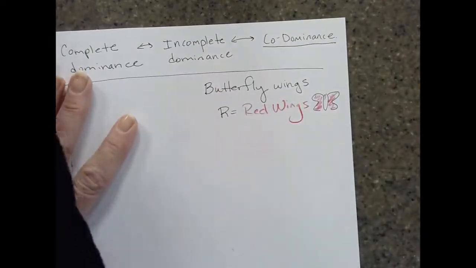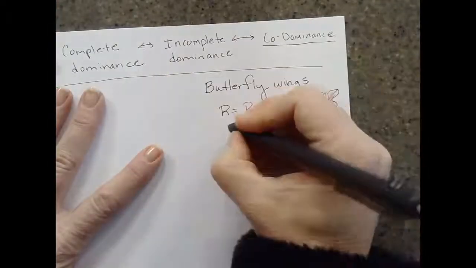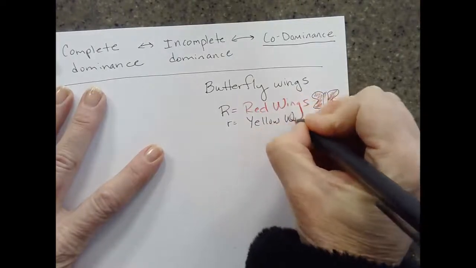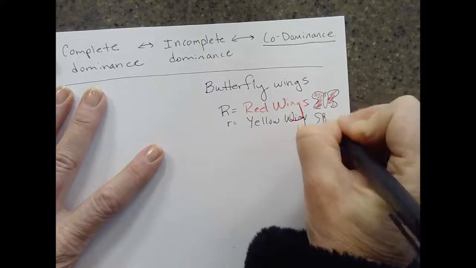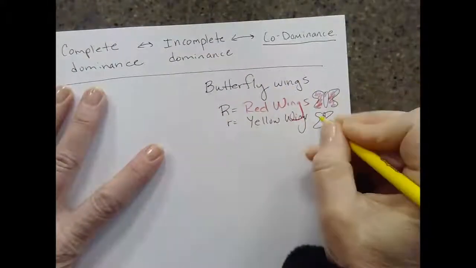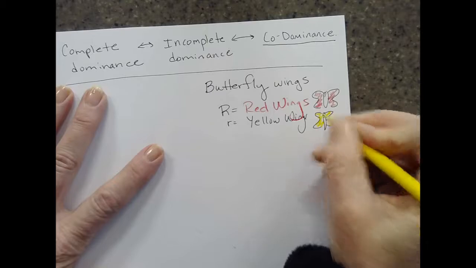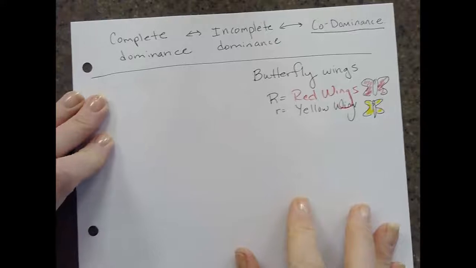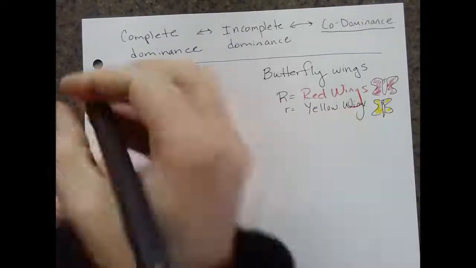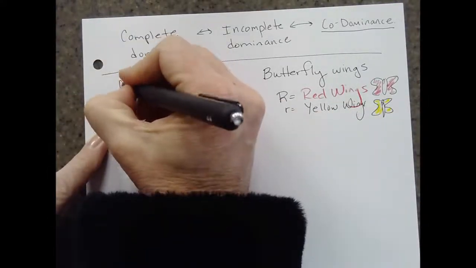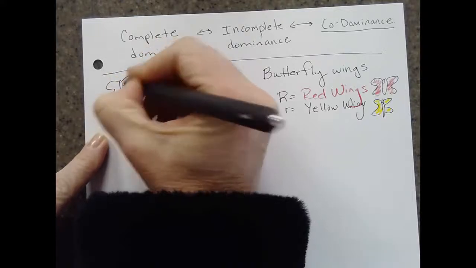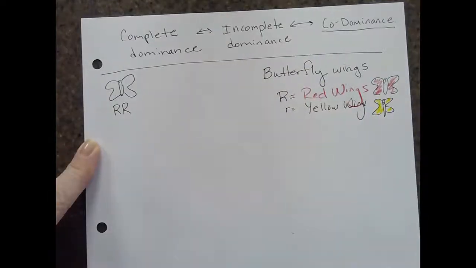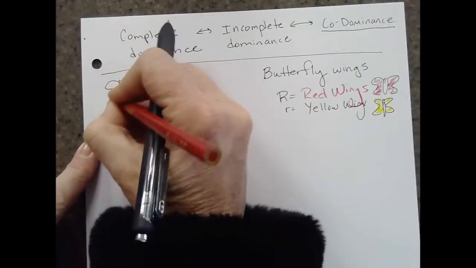If a butterfly gets two reds, well, then its wings will be red. It might get one of each, which is what we're going to be talking about today. Or it could get two yellows. If it gets yellow and yellow, its wings are definitely yellow.